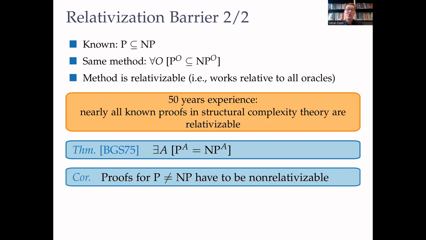Otherwise, it would also have to work relative to the oracle A, which cannot be. So from the existence of this oracle A, we know that proving P is not equal to NP is objectively hard because we need proof techniques that we did not develop for 50 years. And we use this approach to show the difficulty of resolving our question.